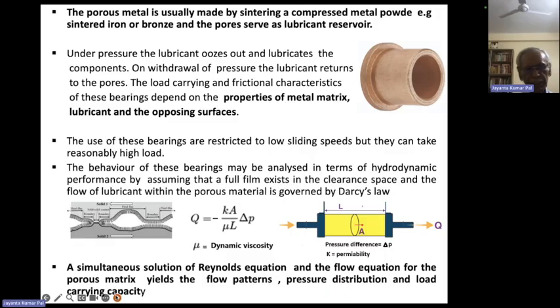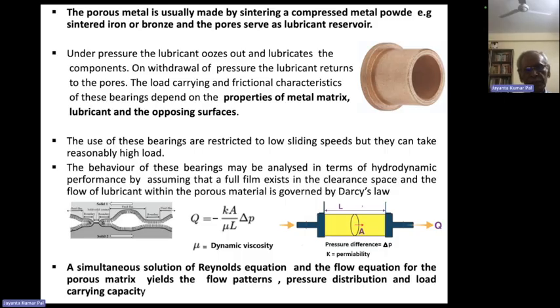The behavior of these bearings may be analyzed in terms of hydrodynamic performance by assuming that a full fluid film exists in the clearance space. This is the clearance space, and the flow of lubricant within the porous material.